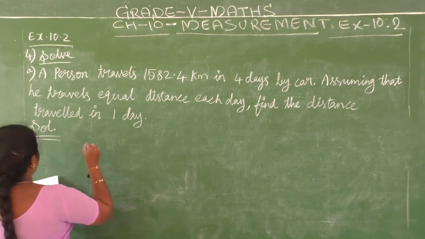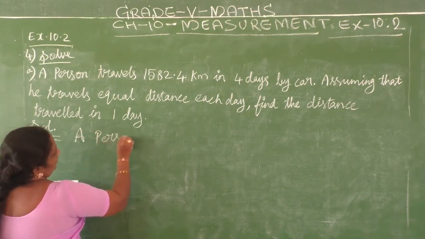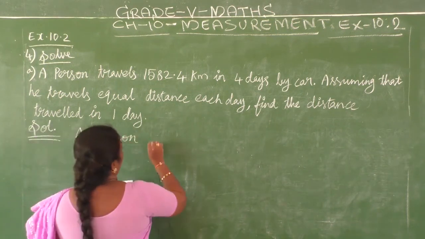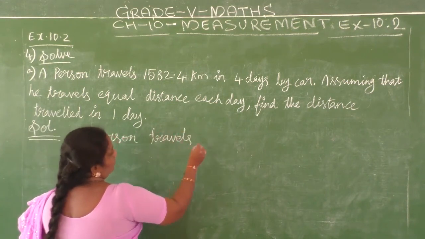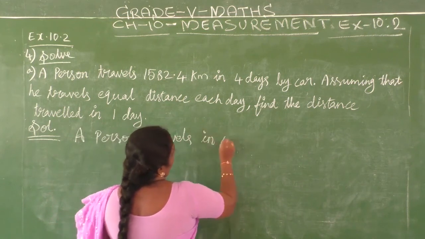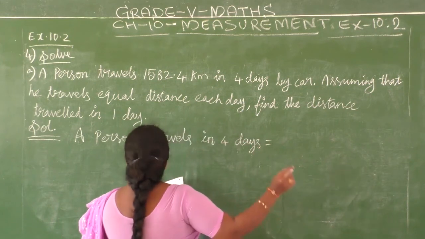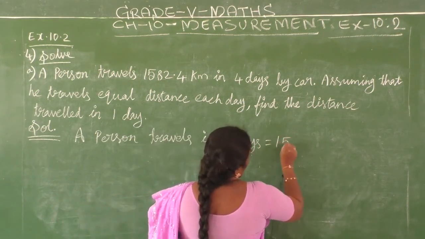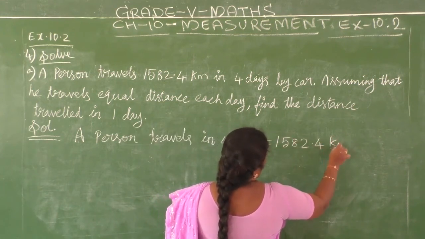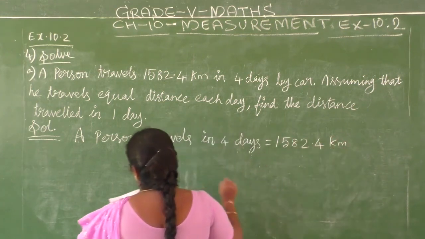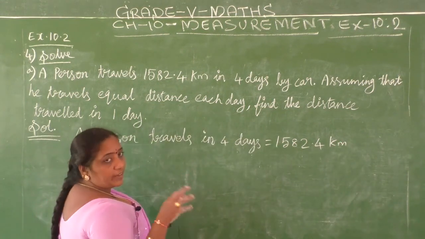A person travels in 4 days. How many kilometers? 1582.4 kilometer. Then first we have to find out how many kilometers he is traveling in 1 day.